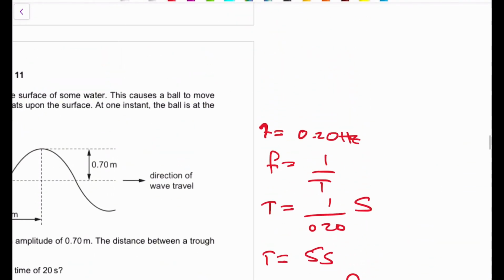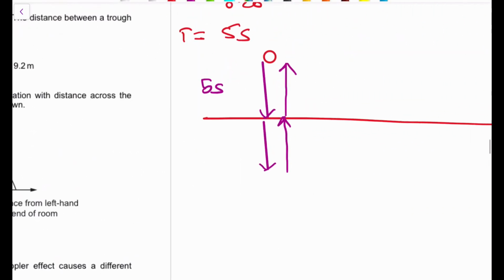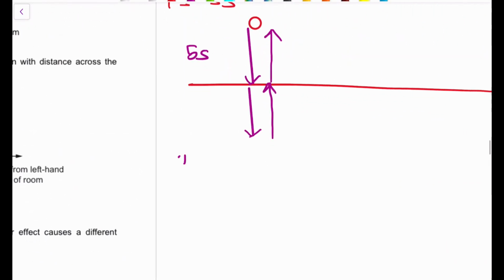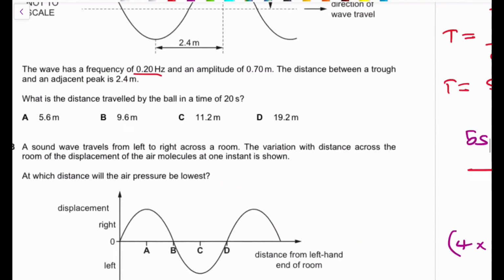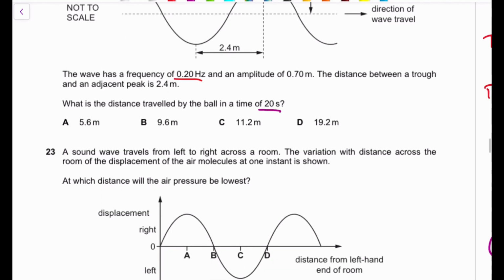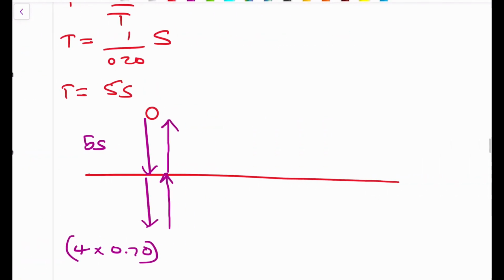We know that the amplitude is 0.70. So those 4 motions are going to take 4 times 0.70. We've been told that after a time of 20 seconds, how many 5 seconds are in 20 seconds? We have 4 lots of 5 seconds in 20 seconds. So it's going to move a total of 4 times.